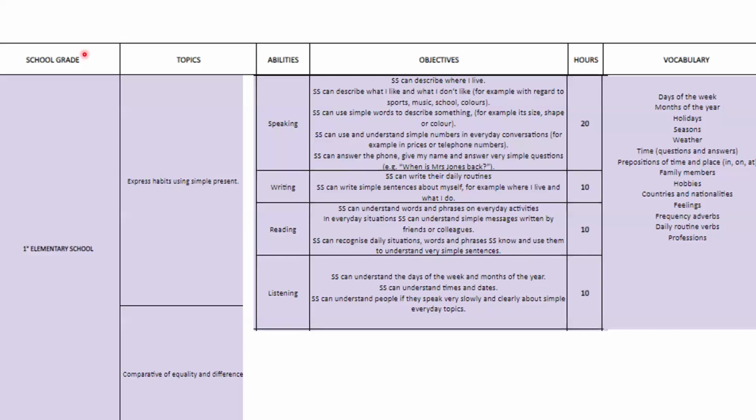So it's school grade, and then you have topics, right? And then when you have a topic, you need to break it down a little bit into what abilities you want to achieve, and those become objectives. And you can mix them together a little bit. And as you see, when we're in the lower degrees, there's a lot of time considered in these kinds of plans to the speaking section.